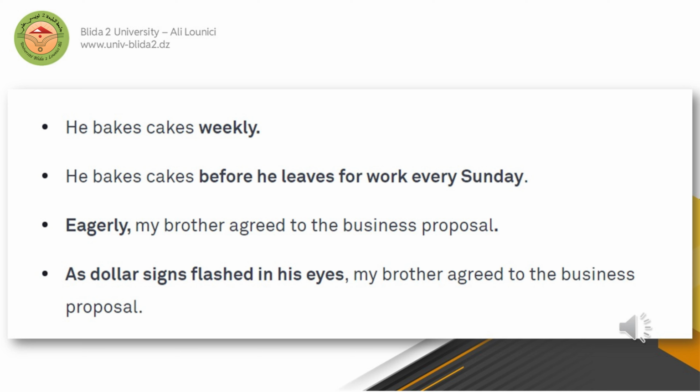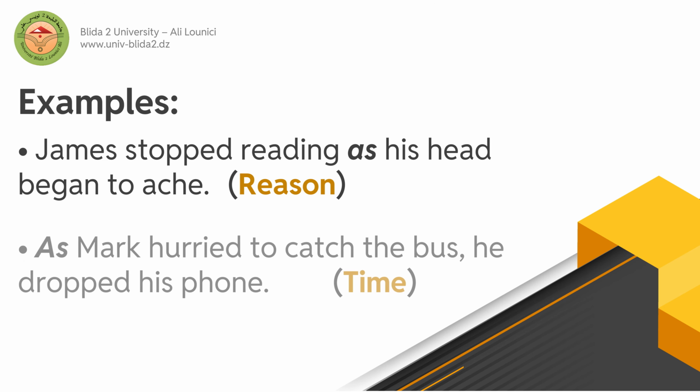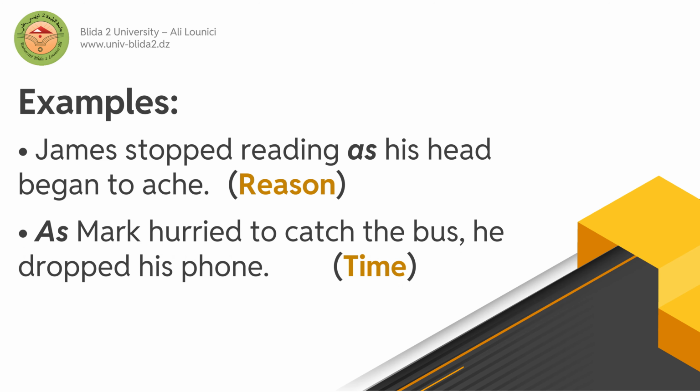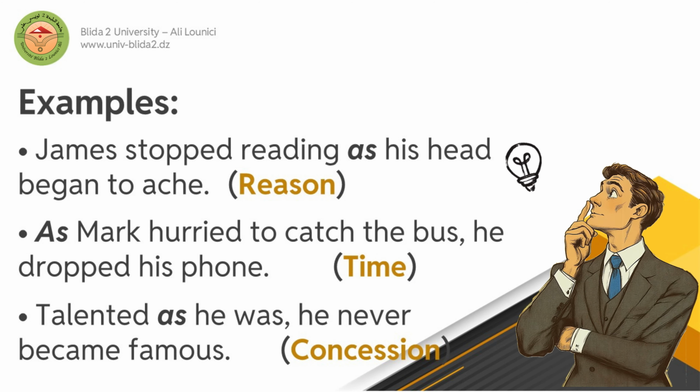Now, there is something important to point out when it comes to adverbial clauses. Let's look at these examples. James stopped reading as his head began to ache. As Mark hurried to catch the bus, he dropped his phone. And third, talented as he was, he never became famous. All three sentences use the same subordinating conjunction, as. Does that mean that all adverbial clauses are the same type?